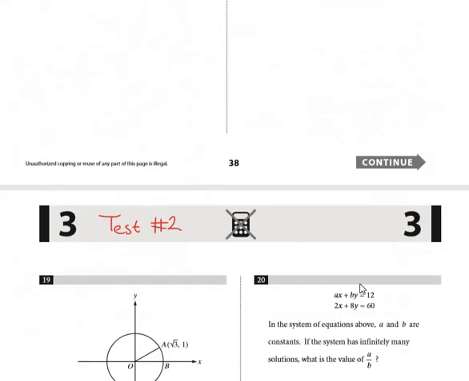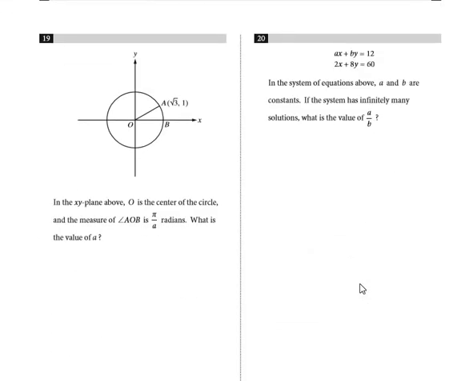Question number 19. In the xy plane above, O is the center of the circle, and the measure of angle AOB is pi over A radians. What's the value of A? We were given the central angle AOB as pi over A, and we were given the coordinates, the x coordinate and y coordinate, root 3, 1.